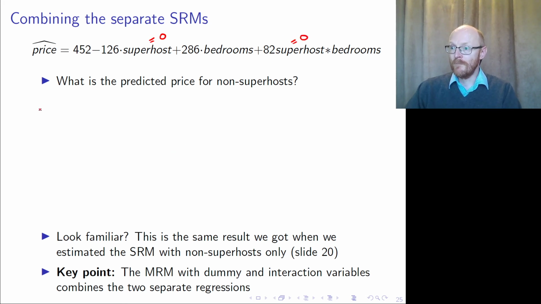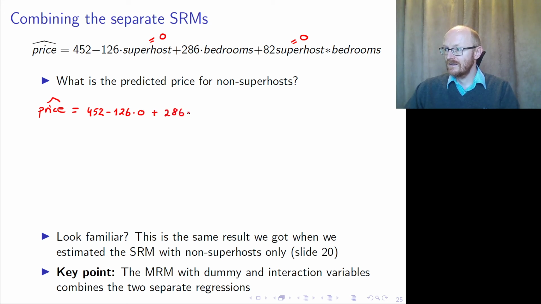So we get the estimated price, sorry, is 452 minus 126 times 0 plus 286 times bedrooms plus 82 times 0 times bedrooms.